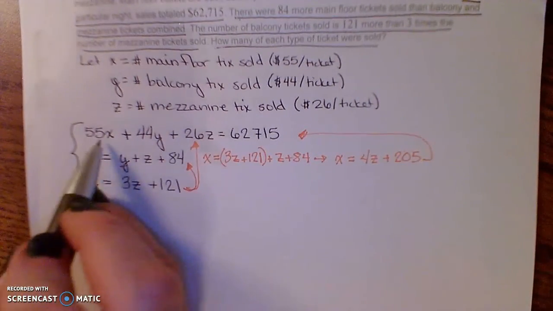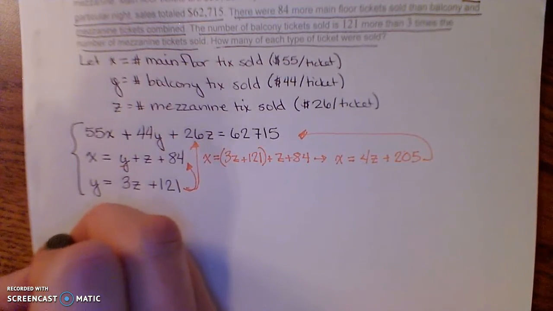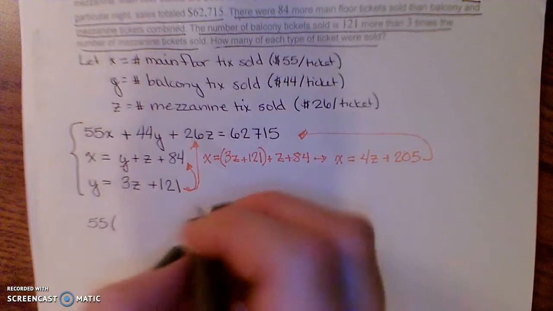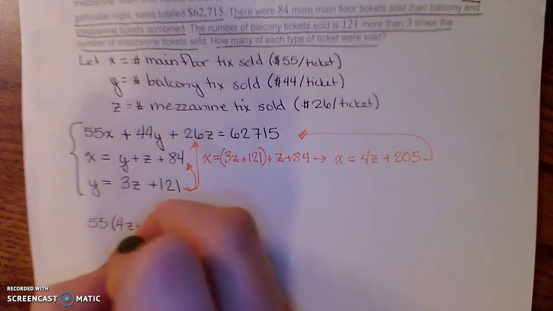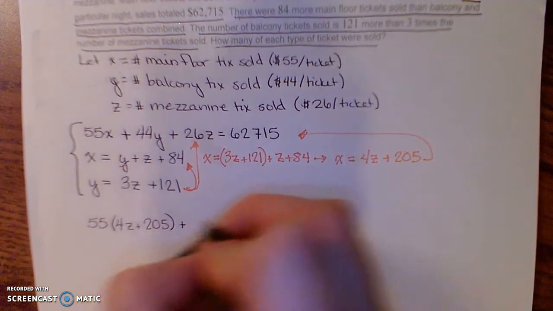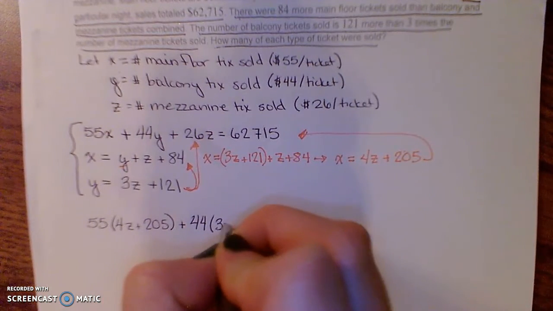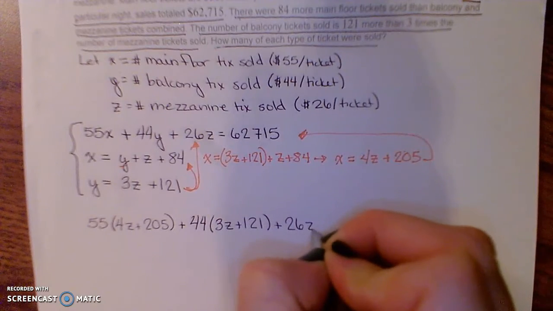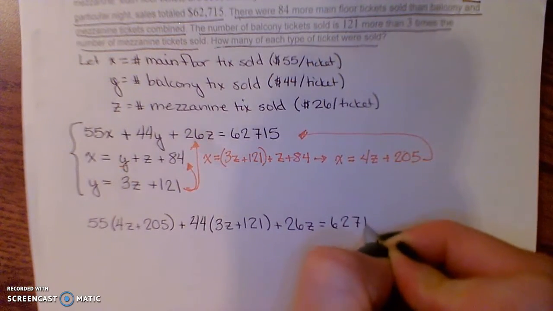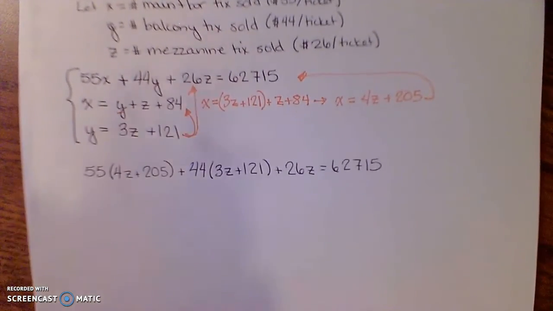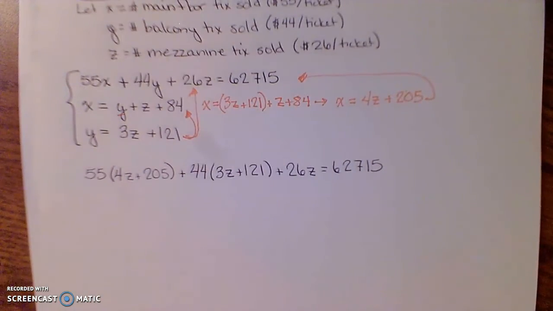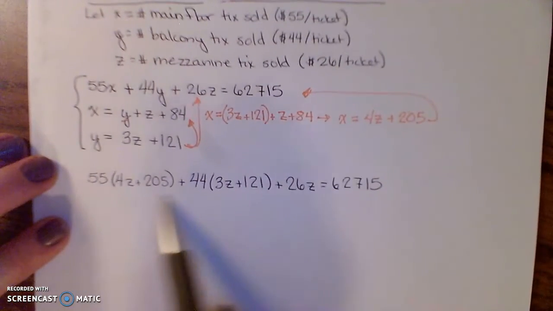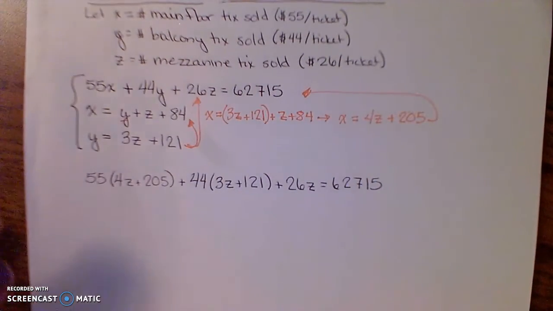So 55 times X, and X here can be written as 4Z plus 205, plus 44Y, which is 3Z plus 121, plus 26Z equals 62,715. All right, and again, the reason why I did this is just because I see X and Y here by itself, so I can rewrite everything. Now I just have one variable, just the Z by itself in this equation.